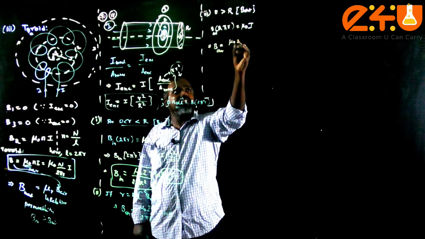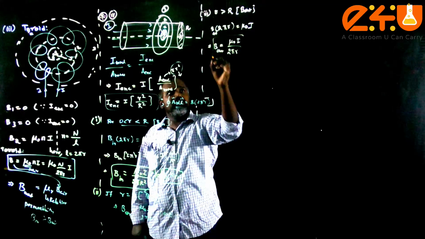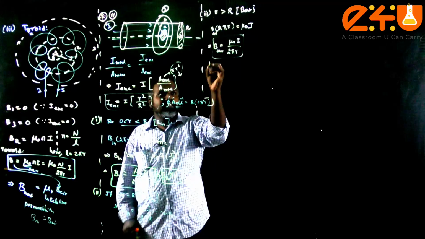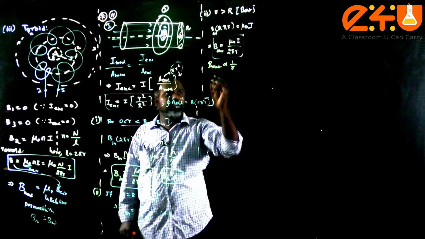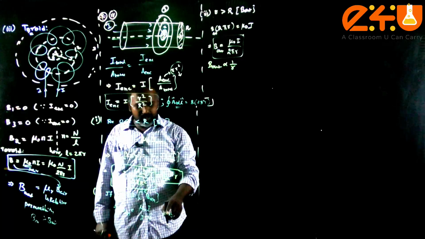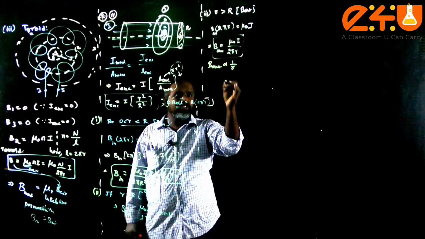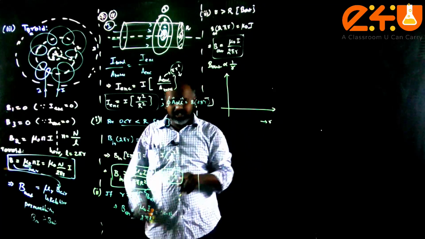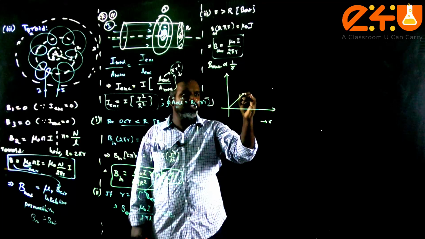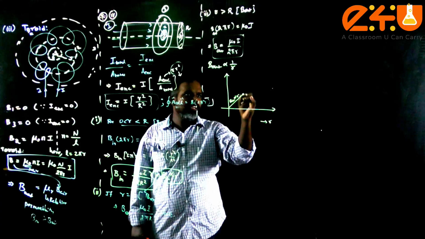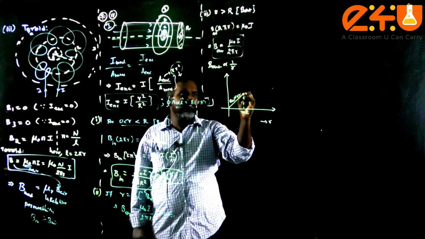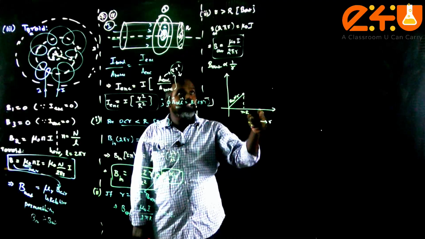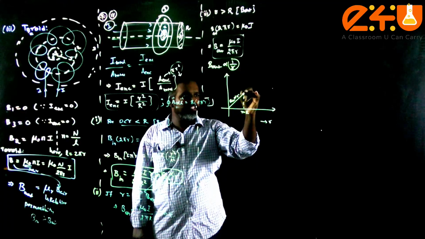Therefore, from this we get B out equal to mu naught I divided by 2 pi small r, which is very similar to our infinite long straight conductor result. So B out is inversely proportional to r, B in is proportional to r, and B on is constant. When you draw the graph for this, in a certain region it is directly proportional, B in proportional to r, and when small r is equal to capital R, it will be a constant, mu naught I by 2 pi capital R. When it is outside, they are inversely proportional, so it will look like this.